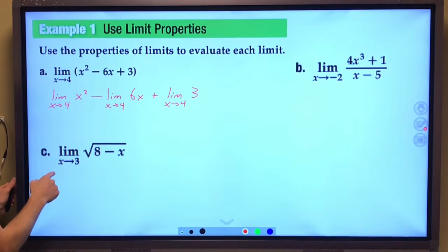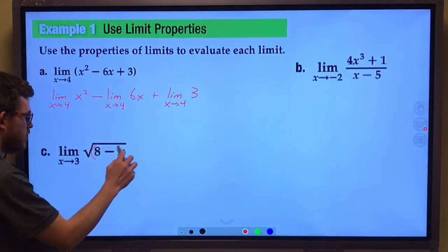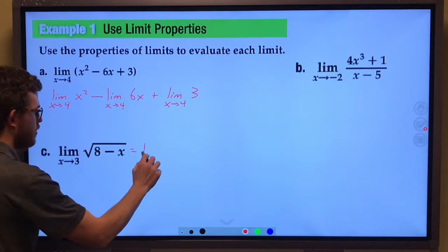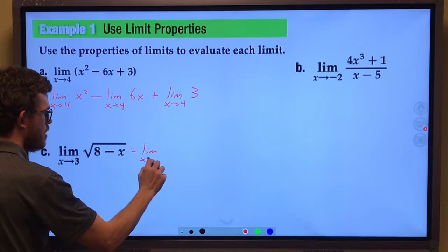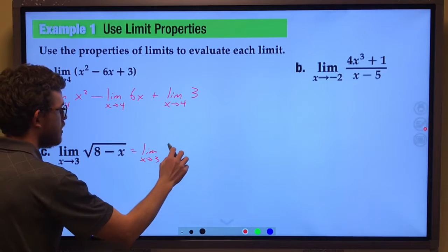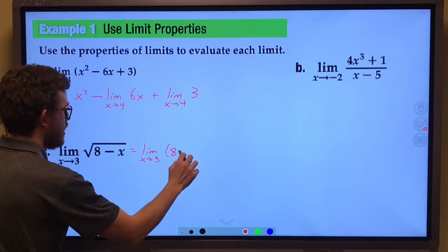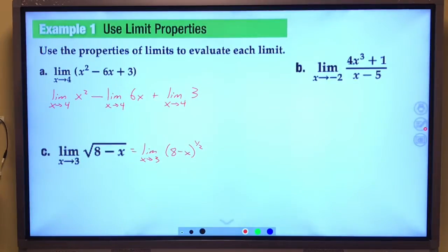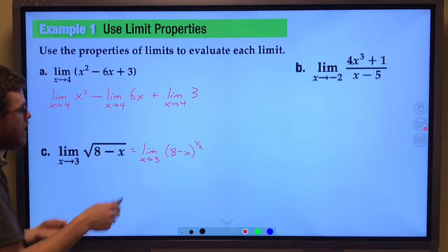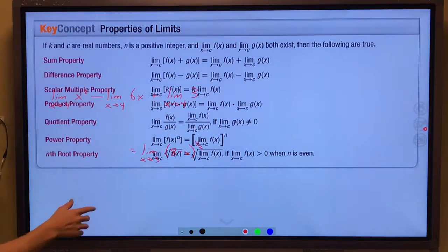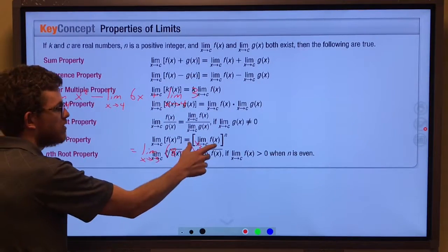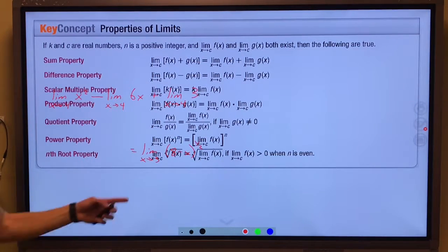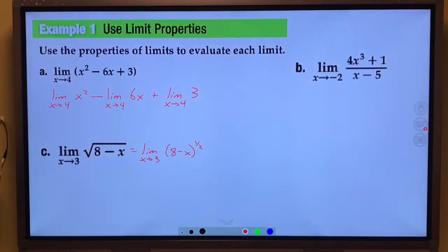Here we see this is the same thing as the limit as x approaches 3 of 8 minus x to the 1/2. We didn't actually talk about that property, but that would be the same thing as the whole limit being raised to that value, or we could keep the square root going.